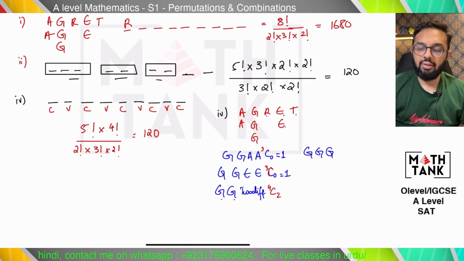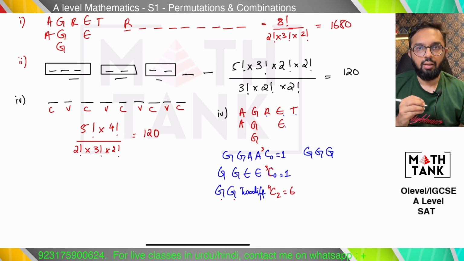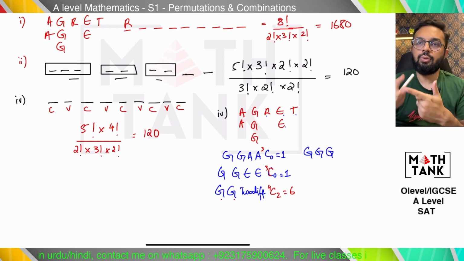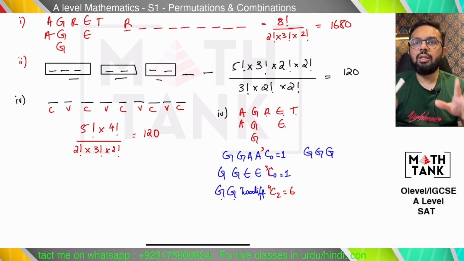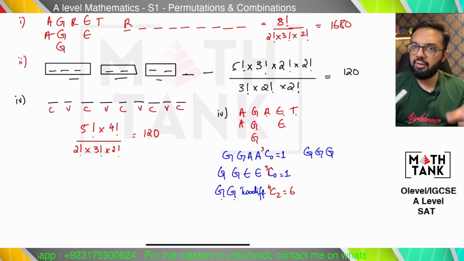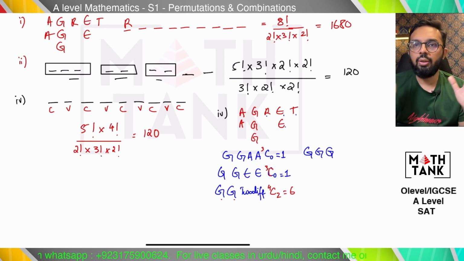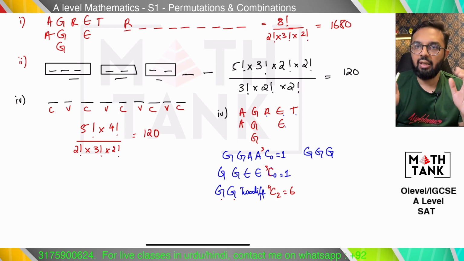So 4C2. 4C2 gives me 6. Those are the cases with two G's and two A's, two G's and two E's, and two G's and two different letters. Now those different letters could be A and E, A and R, A and T, R and E, R and T, and E and T. I'm not talking about arrangements. I've just told you all the six combinations that I was thinking about when I was doing this question.